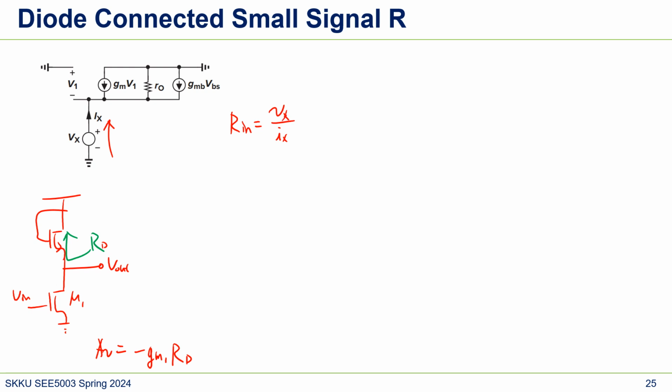and I'm going to use KCL at this node. IX is the sum of minus GM V1, because this current should be the sum of this, right? Plus VX over RO minus GMB VBS, and V1 is minus VX, right? They have opposite signs.